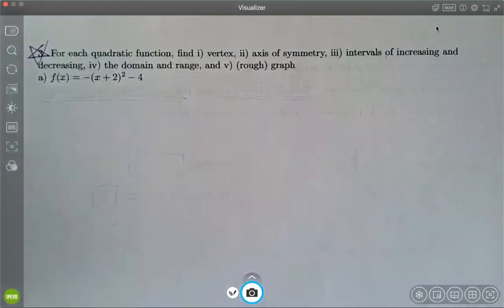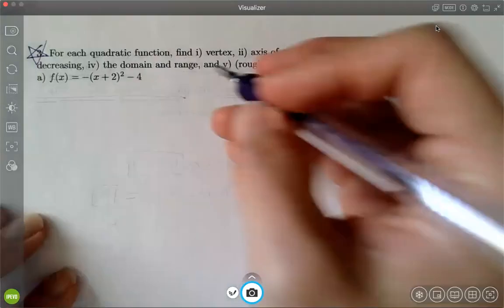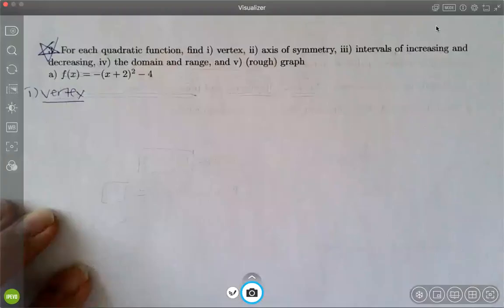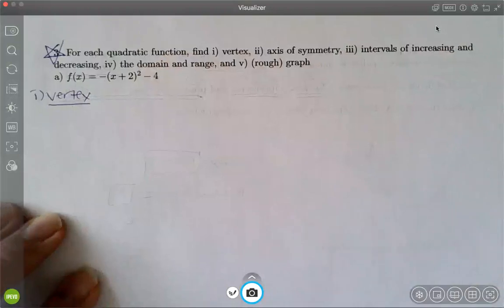Everything. So you have to find everything, so that's why this is the main problem. Now, let's try to find the vertex first. Can you see what the vertex is from this function?